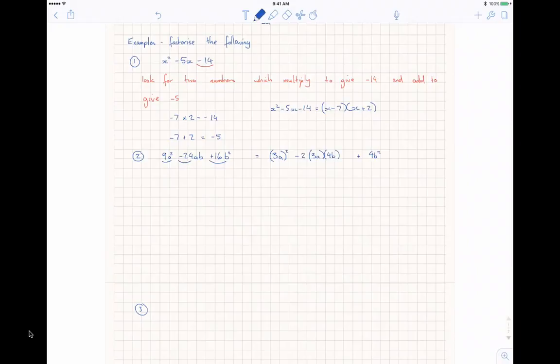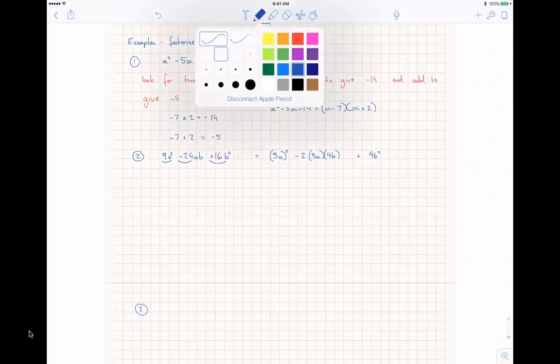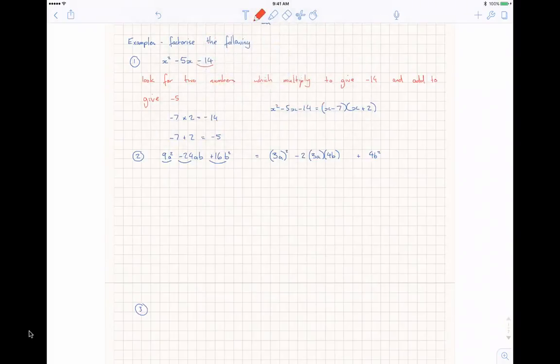Now if we have a look on our expanding and factorization little card that I gave you, you should notice that that's very similar to one of the perfect square laws. It's similar to a squared minus 2ab plus b squared is equal to a minus b all squared. So instead of a, we have 3a, and instead of b, we have 4b. So when we factorize our quadratic, instead of a here we're going to have 3a, and instead of b here we're going to have 4b.